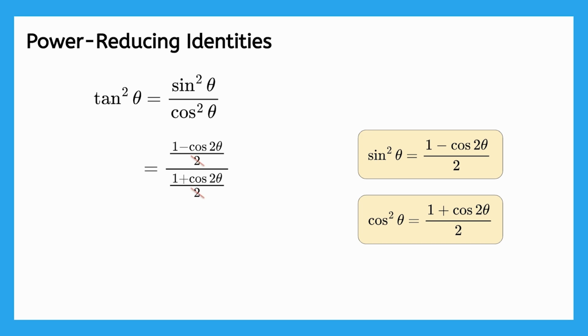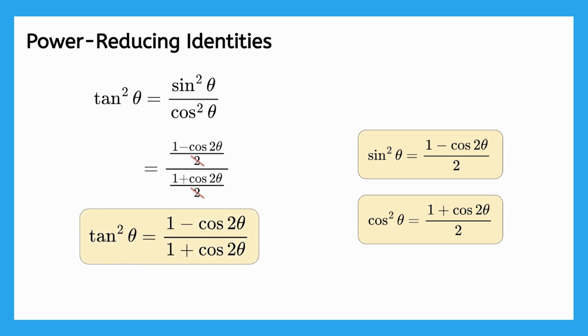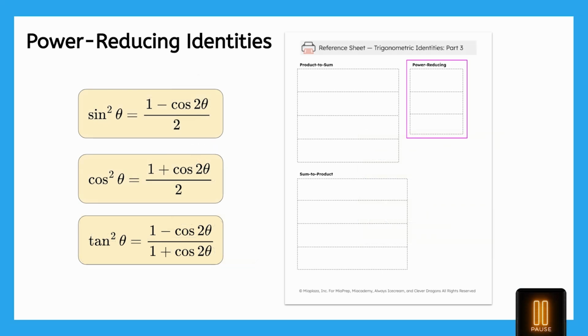After a small simplification, we get the identity tangent squared theta equals (1 minus cosine 2 theta) over (1 plus cosine 2 theta). Now that we have the three common power-reducing identities, be sure to write them down on your reference sheet.